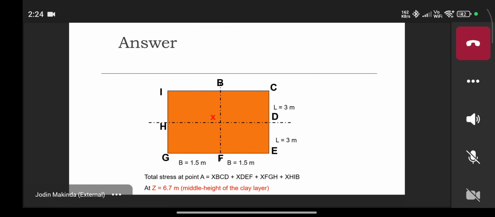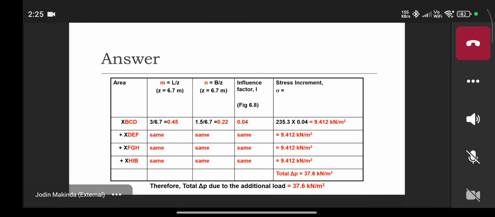Now, after we split into 4 equivalent areas, we calculate stress by stress using the table. Because the 4 squares are equivalent in size, I only calculate once. And because it is square, I calculate the value of m, which is length divided by the depth z, and n, which is the breadth divided by the depth z.